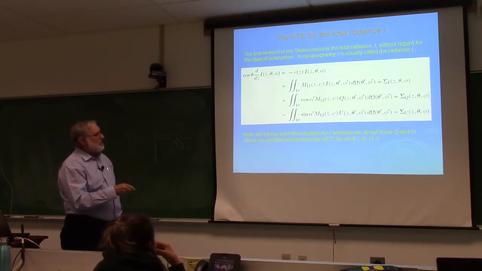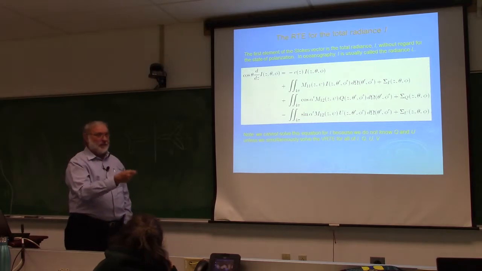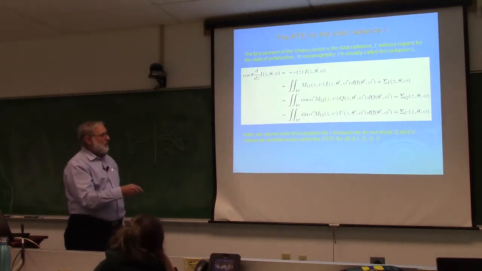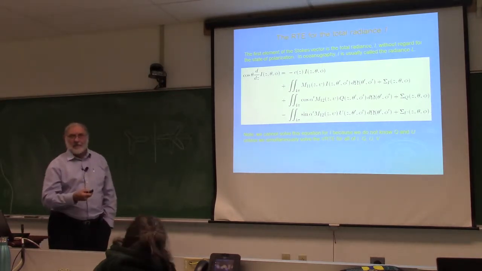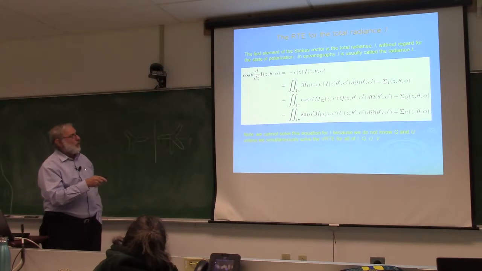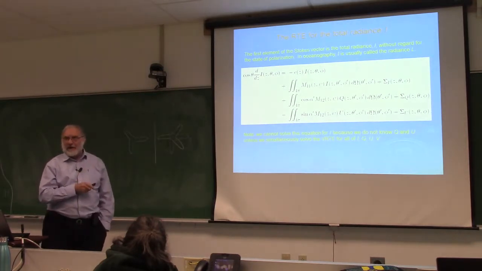And then these rotation angles get in the mixture, and we pick up an M12 times Q, and then there would be a source term for that state of polarization, and an M12 times a sine times the U element, and a source term for that. So we end up with this equation for the unpolarized radiance.